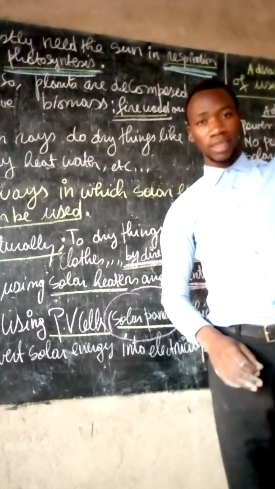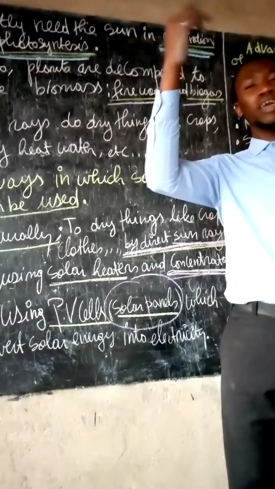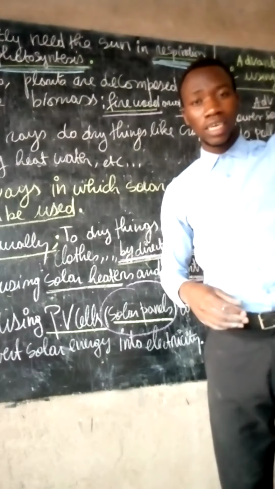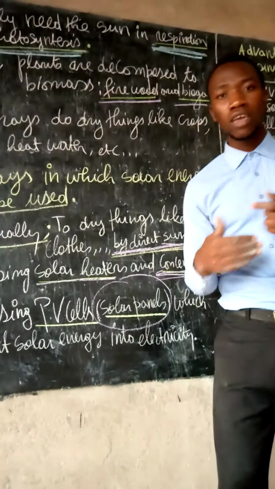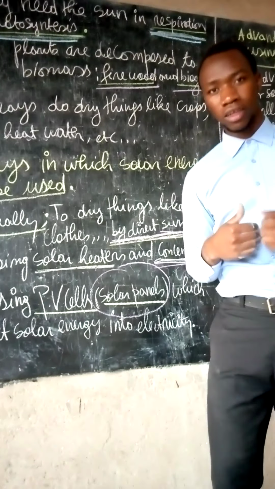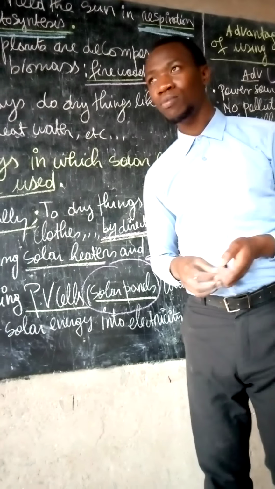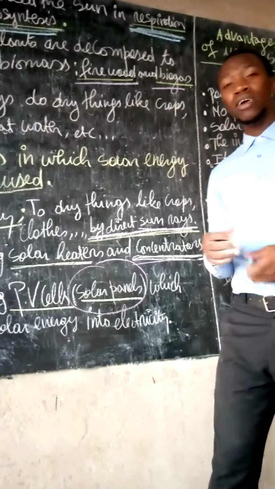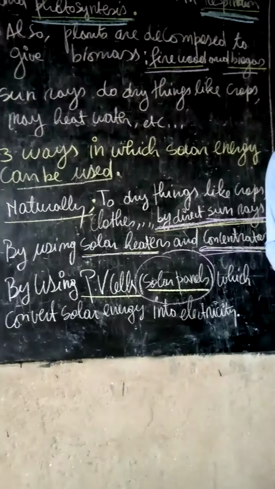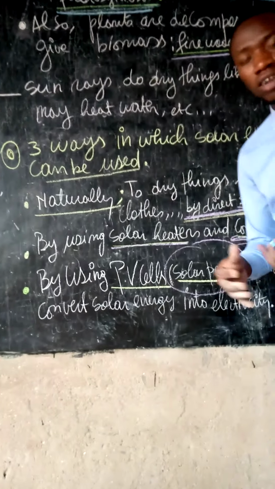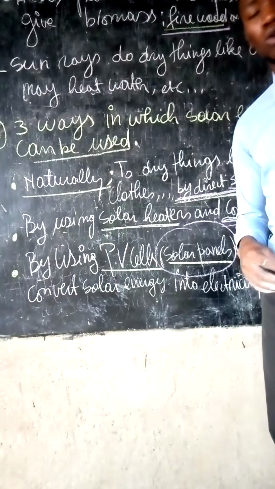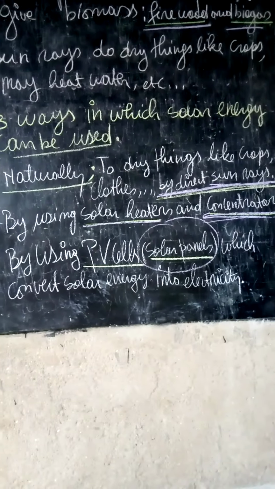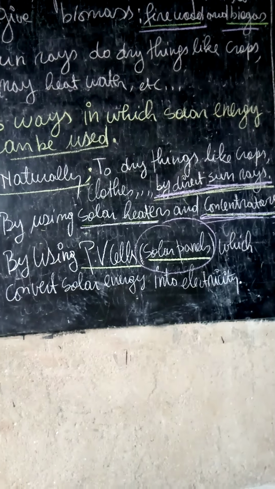Water is in circulation in the system of the solar heater, so the sun provides heat and the water is heated. Then concentrators: we refer to mirrors, reflecting mirrors called converging mirrors. You saw this at the end of senior two, in reflection.